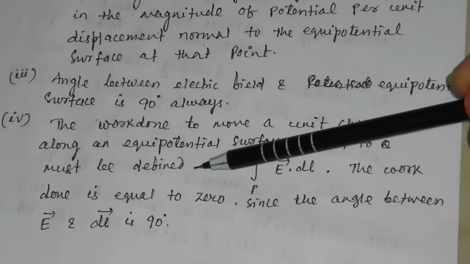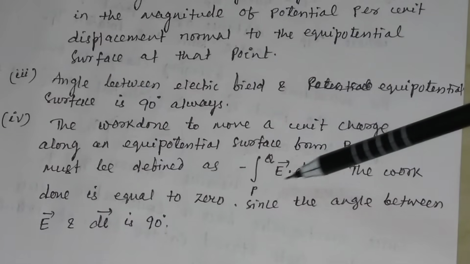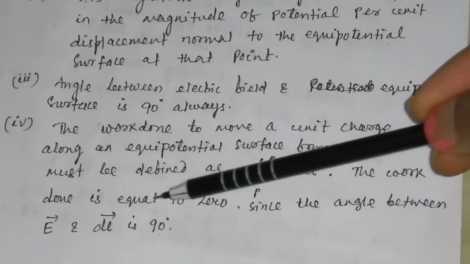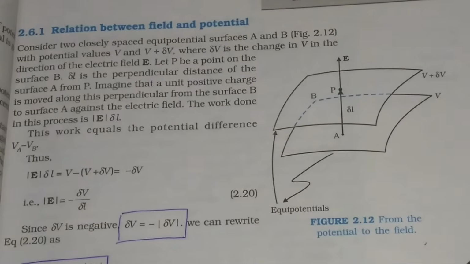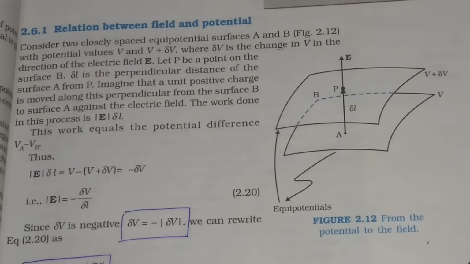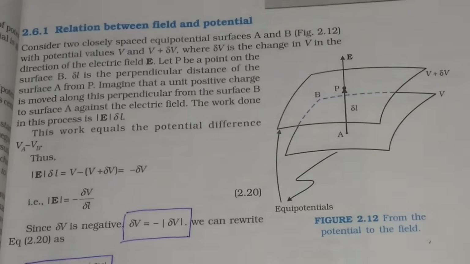Here the work done is equal to 0, since the angle between E and dl is 90 degrees. So in this video we discussed the relation between field and potential.